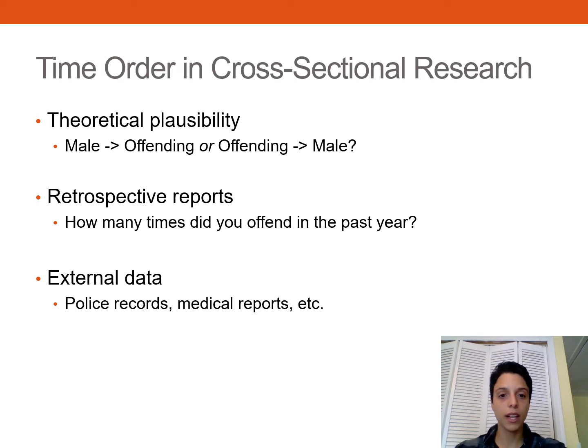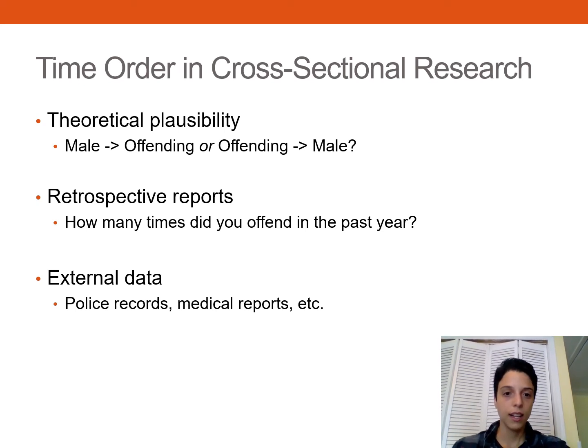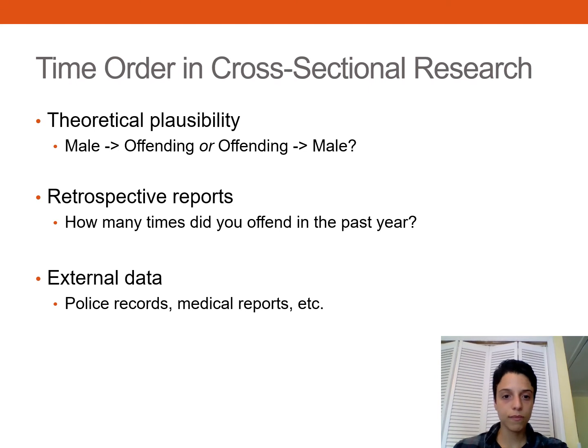So if you're trying to understand a relationship between somebody's offending behavior and some other outcome, you could potentially look at police records to see about their criminal justice contact prior to the survey or anything like that to get information from some other point in time. So what's key here with these last two is that when you're doing cross-sectional research, it can be helpful to try to get information from other points in time, however you can get them, in order to build some of that time ordering into your research.